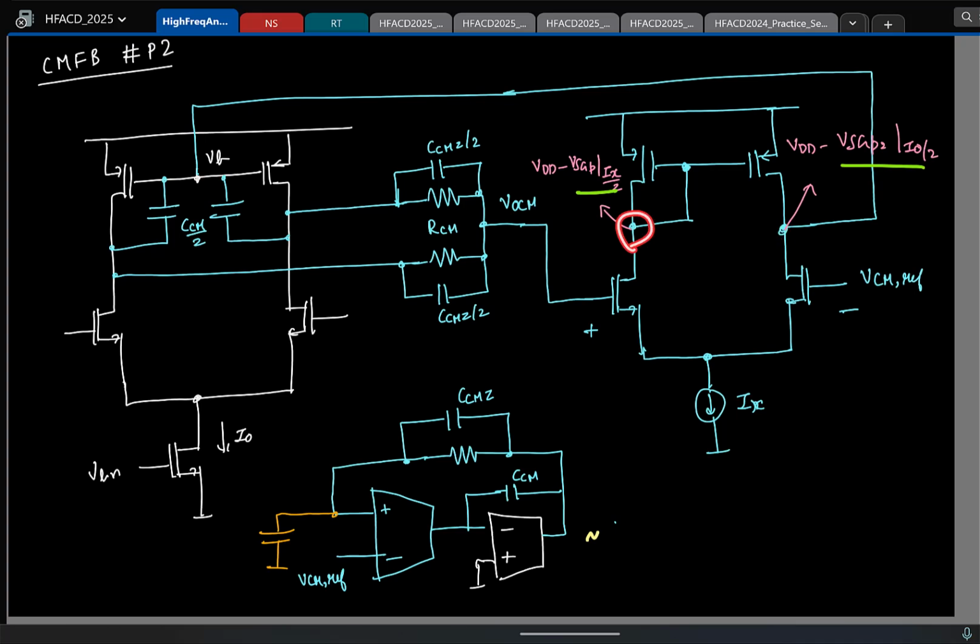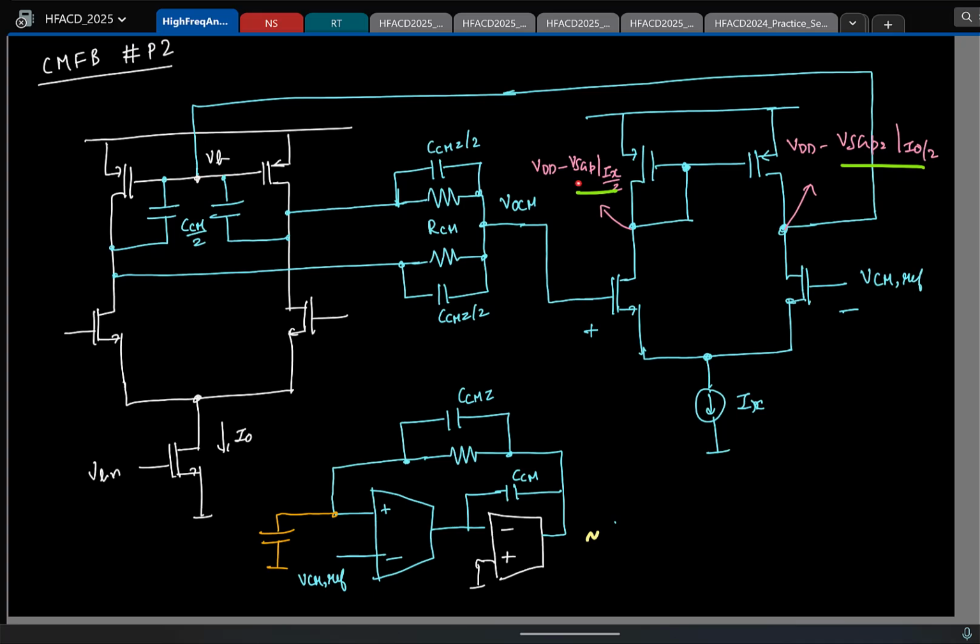If the two drain potentials are not equal, what can you say about the gate potentials? They will also be not equal. So which means the output common mode will not be exactly equal to VCM ref. It will be VCM ref plus some offset. Right? This is something we saw already. This is what we defined as what? Systematic offset. If you don't want to have this, what is the simplest fix?